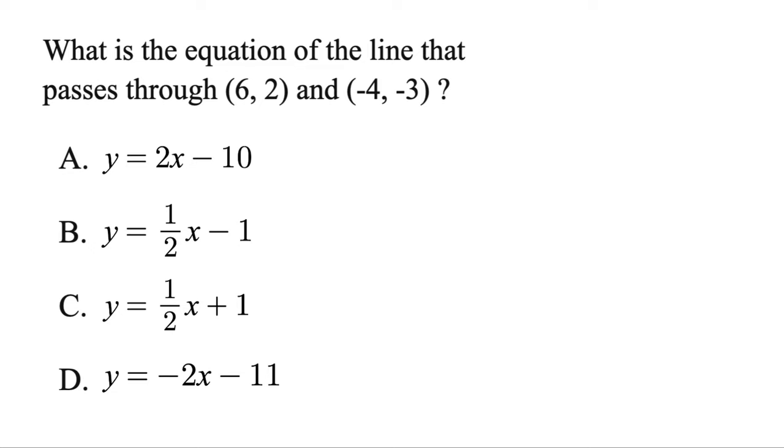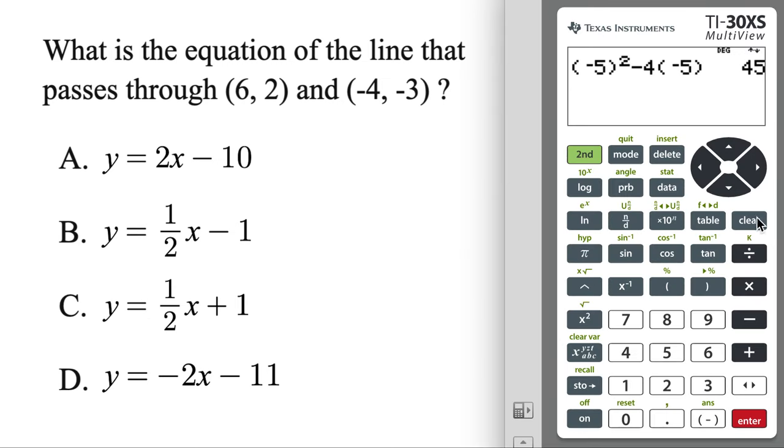Okay, the next type is an equation of a line. Whenever the answers are all y equals, you could actually use the calculator, because there's a button on here, table. Go ahead and clear. And we're going to type them in one at a time. So the first one, 2x minus 10, and then enter 5 times. We want to look for these values in the table here.